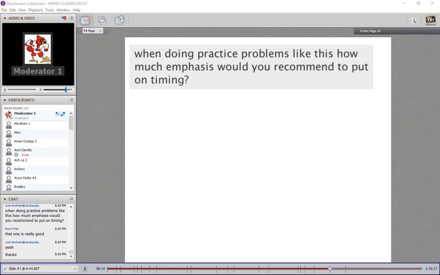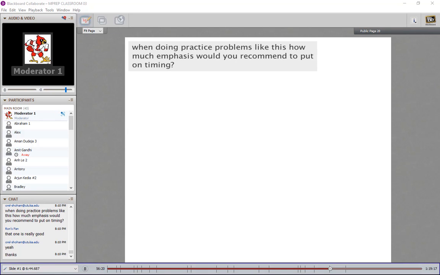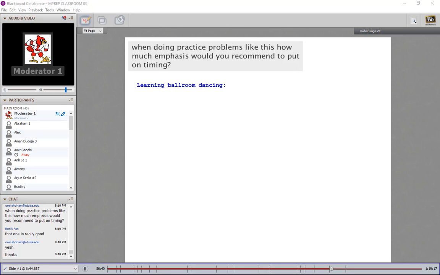What I want you to think about here is an analogy. When you think about ballroom dancing, let's say you don't know how to do the tango or something like that, and you're just learning. Think about the way you would naturally segregate that into two pieces.